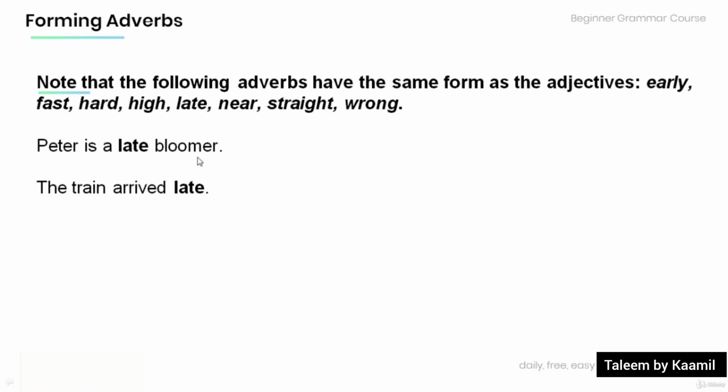Peter is a late bloomer. Late in the sentence is used as an adjective. The train arrived late. Late in the sentence is used as an adverb.